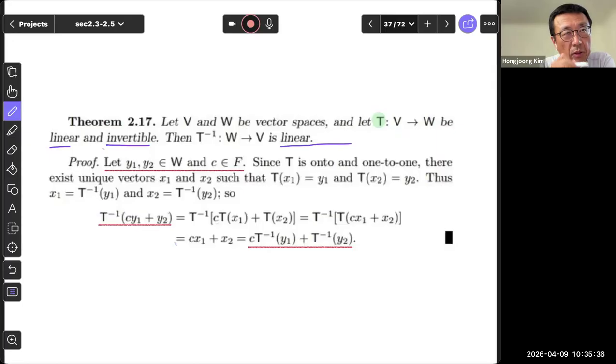So if T is linear and invertible, then T inverse will be linear and, of course, invertible. We can consider this as a proof, given this slide, right? And we will consider another viewpoint in a second.